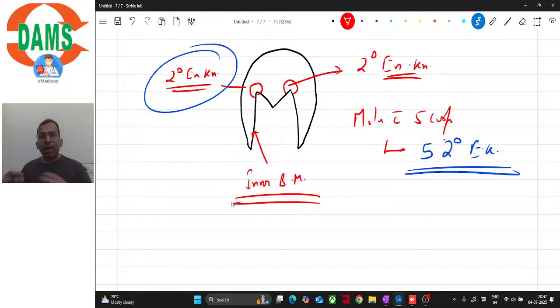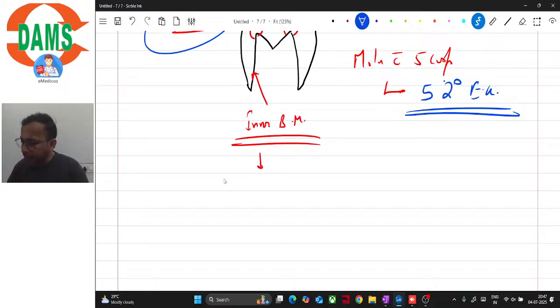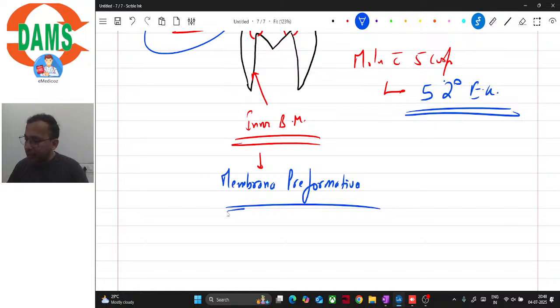And at this moment, when the shape of the future tooth is established, this inner basement membrane is known as membrana preformativa, right?